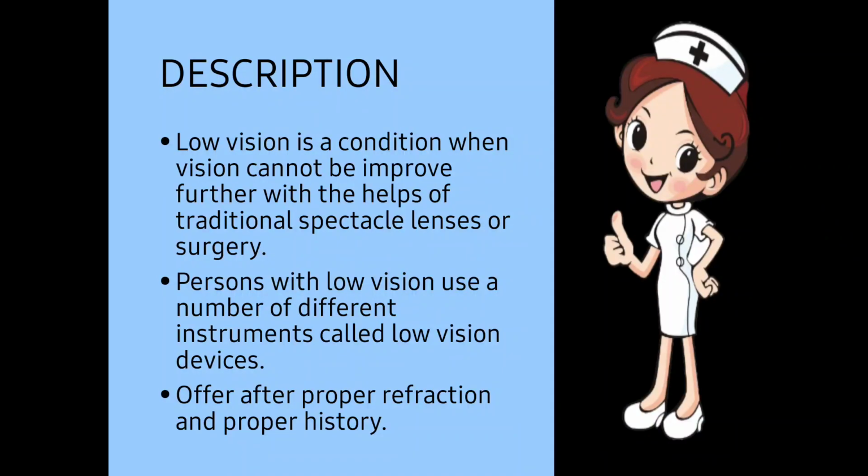Persons with low vision use a number of different instruments known as low vision devices so that they can lead their daily life easily. Low vision devices are offered to a person after taking a proper history and doing a proper refraction.